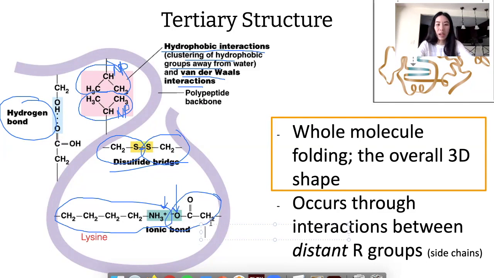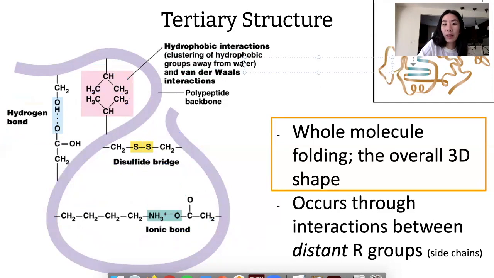I think this is aspartic acid. All right, so this lysine is a base. Aspartic acid is obviously an acid, and since bases are positively charged and acids are negatively charged, they can form a bond. Okay, so for this slide, the key idea is tertiary structure.